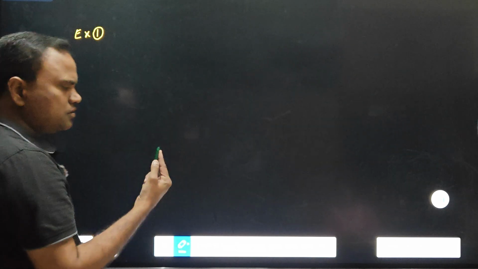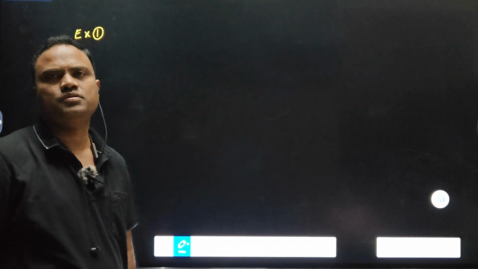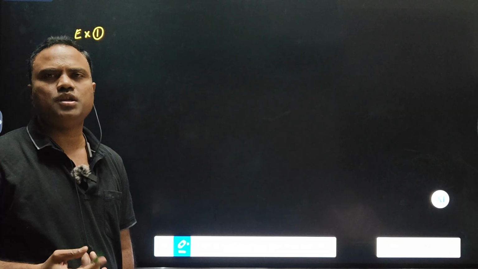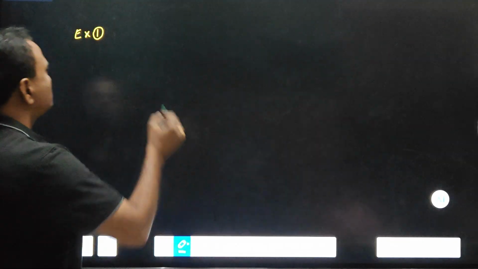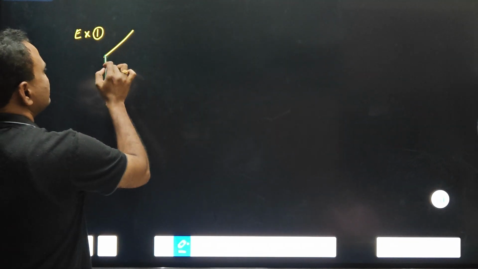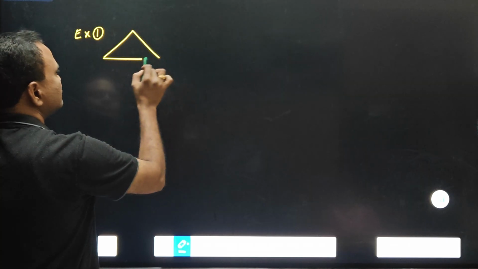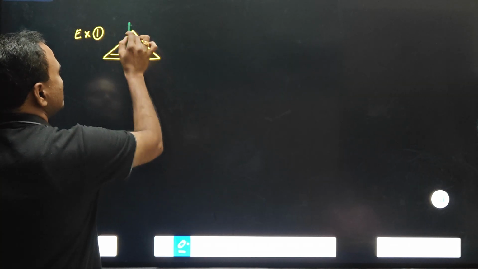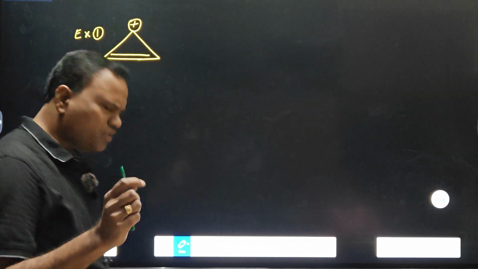Example 1. Check the following compounds, which come under aromatic or anti-aromatic. This is a very important model question. This is a small topic.